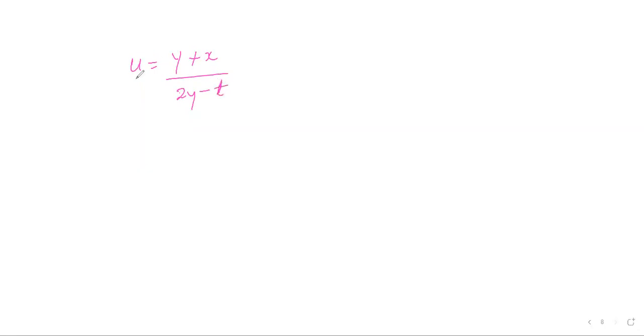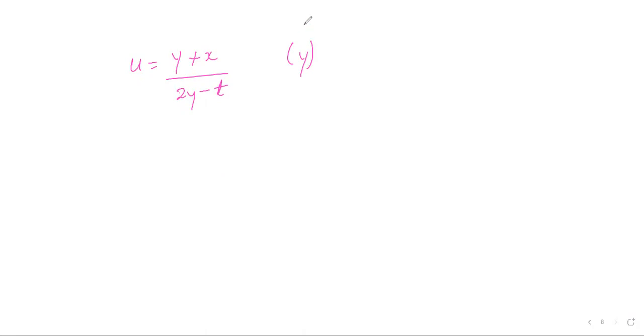CXC asks you to make y the subject. So the first question I'm going to ask you, how many y's do I see? 2. We see 2y, one at the top, one at the bottom.